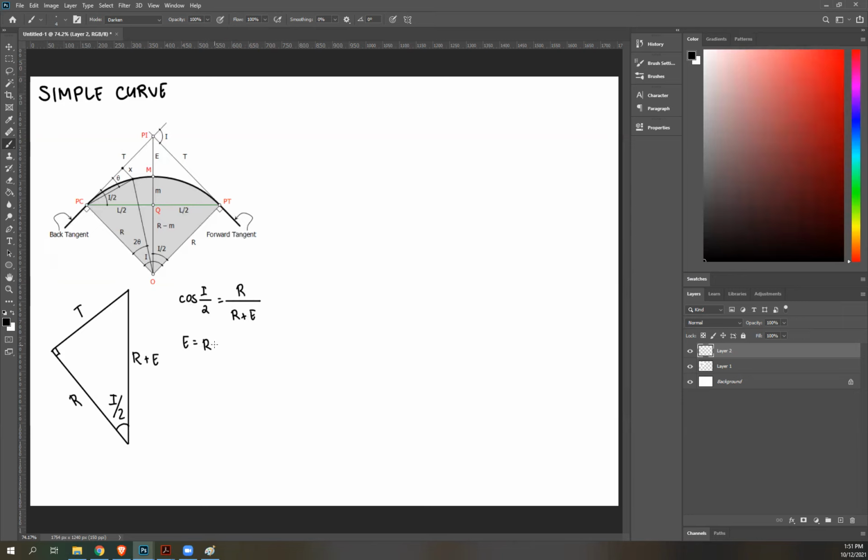So this becomes R secant I over 2. So that's R plus E equals R secant I over 2. I only need E, so I'm just going to transpose R to the other side. So this is minus R. I'm going to factor out R, so we get E equals R times secant I over 2 minus 1. And that's how you got the equation for external distance.